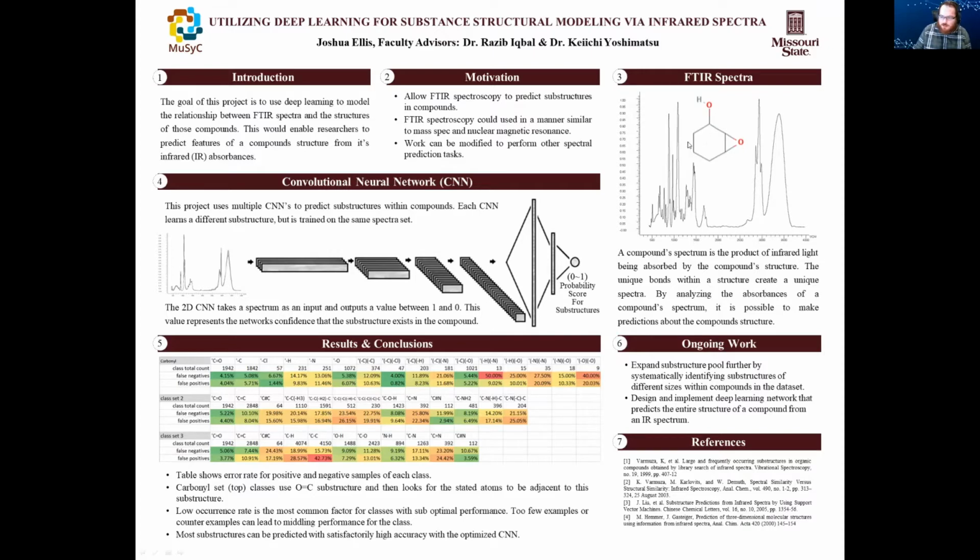The interactions between these atoms cause it to absorb light by the way they're bonded together and the way they connect to each other. And then that creates a spectrum of absorbances at various wavelengths. It absorbs varying amounts of infrared light at these wavelengths. So this is the spectrum of this compound, and then different compounds, of course, have different spectrums.